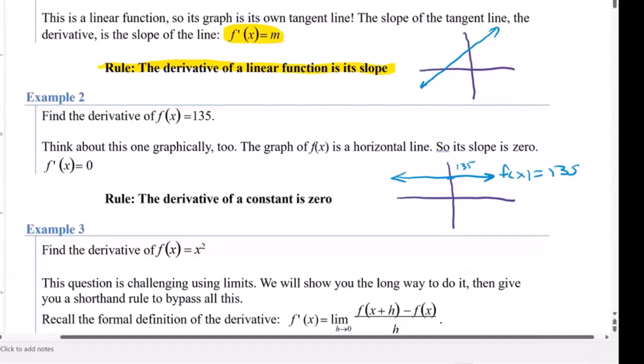So let's look at this as a graph, and we can see that the line is horizontal. So what would its slope be? If I say rise over run, it's not rising, so it's 0 over anything is 0. So that gives us another rule. The derivative of any constant is 0.